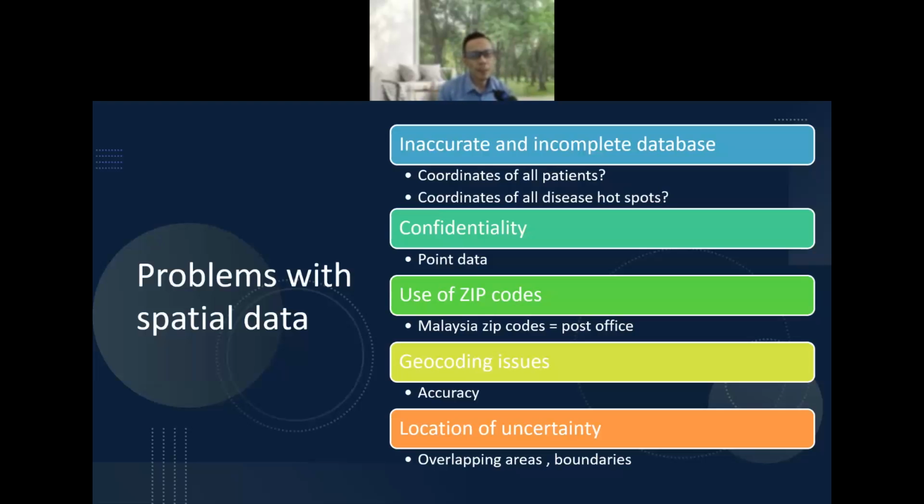So when you map, you see, how come these patients, the residents or the houses are inside the sea area.